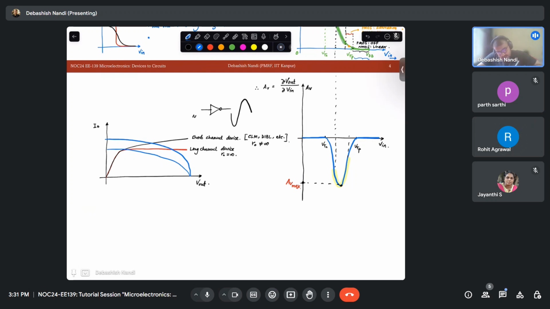So do you see the fact that the flatness of the ID-VD curves of PMOS and NMOS in their saturation region gives you the gain region of the VTC?